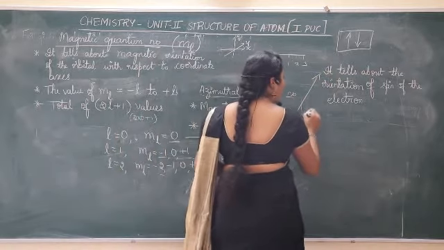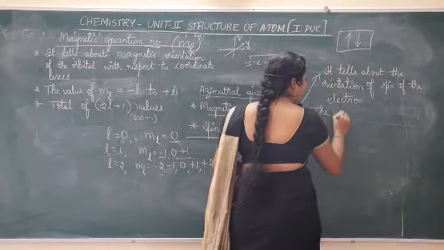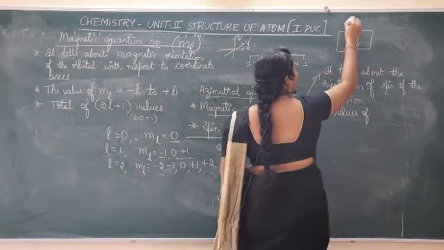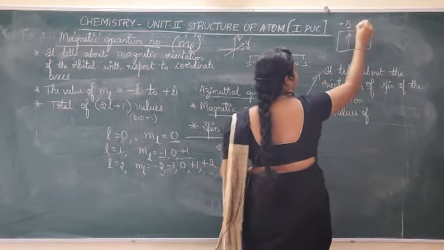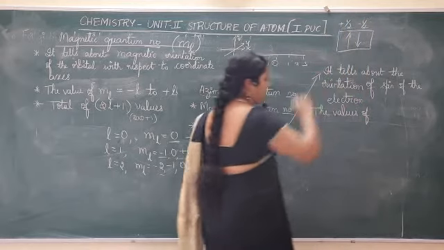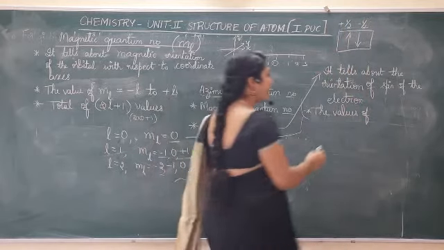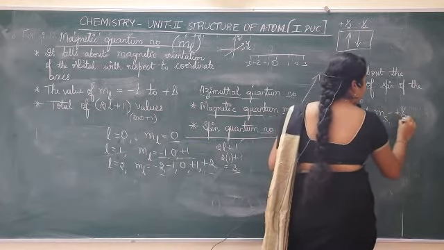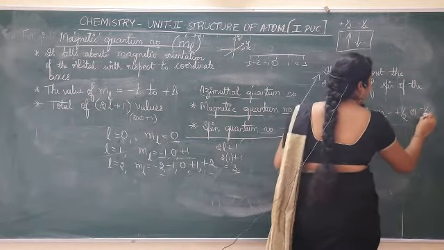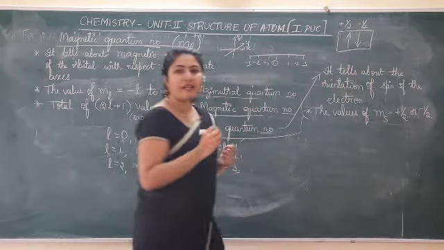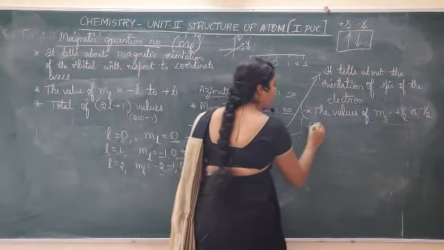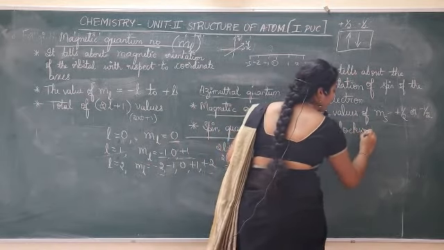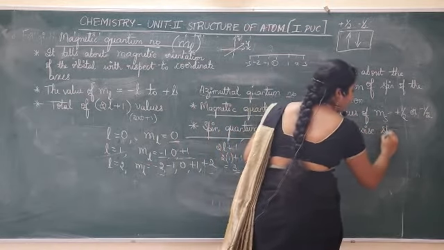So the values of S can be, for one it will be plus half, for the other one it will be minus half. So values of Ms can be plus half or minus half. When do you have plus half? Plus half value is for clockwise spin.